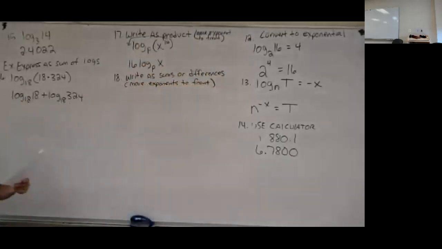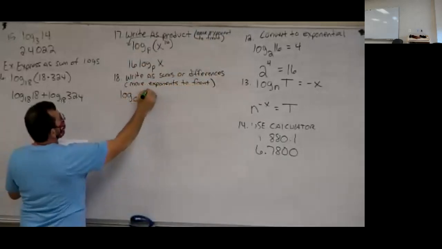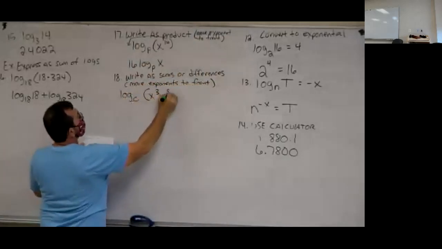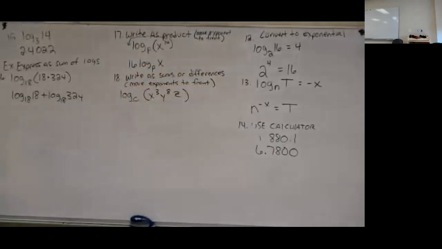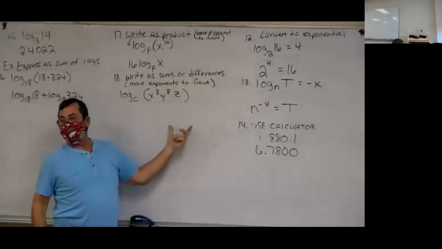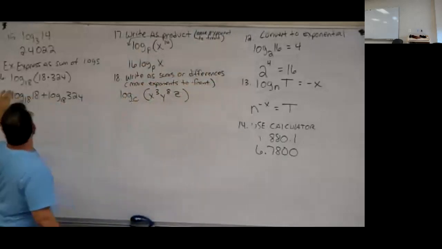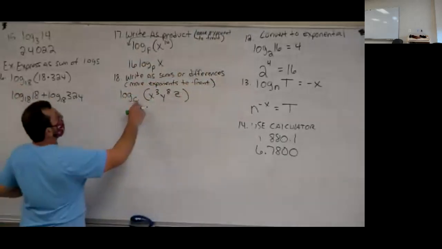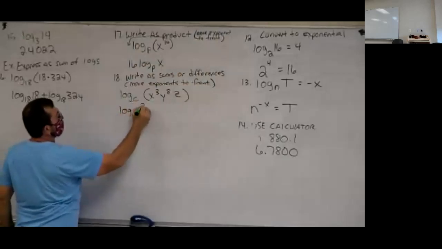Okay? So they're giving me a log base C of x to the third, y to the eighth, and z. So we won't have no differences on this because we don't have any division. So since they're all multiplied, I'm going to write it as a sum of logs like I did on problem 16. There's three factors, so you're going to have three factors when you're done.